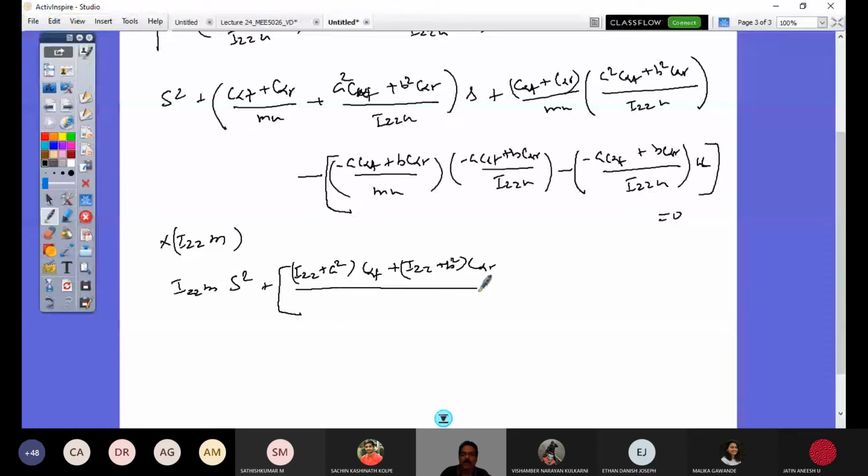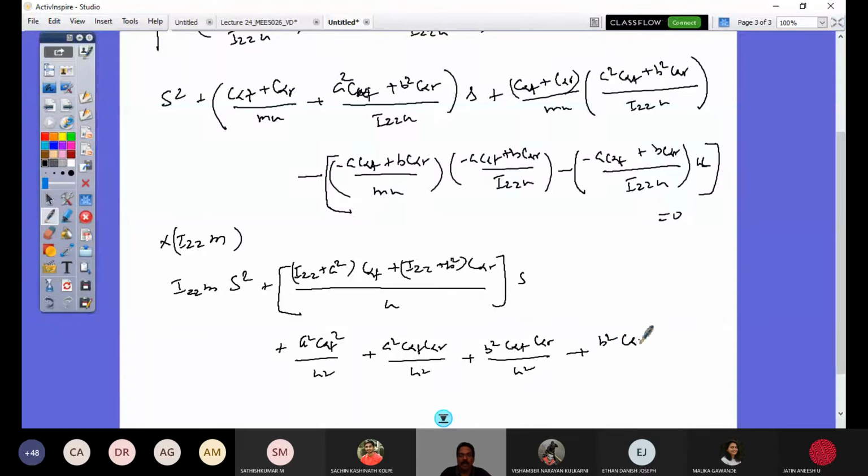These are all coefficients of s. I was trying to get the coefficient of s. So here I have the coefficient of s, and I also multiply with IZZ. So my expression changes like this. Plus I would have a squared C alpha F square by u square plus a squared C alpha F C alpha R by u square plus b squared C alpha F C alpha R by u square plus b squared C alpha R square by u square.